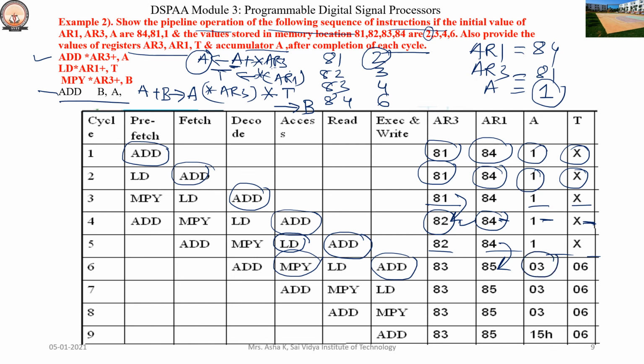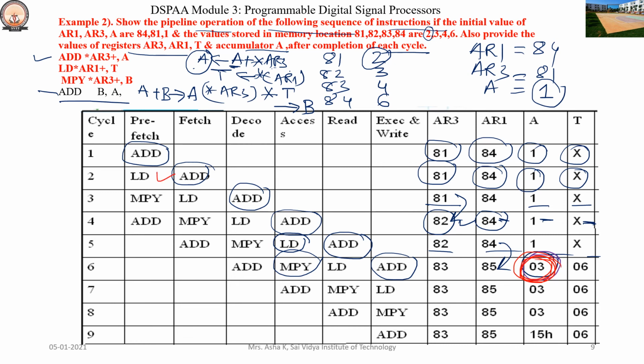The added result is stored in the accumulator, so the accumulator now holds A plus star AR3, that is equal to 3. And this completes the execution of the add instruction.